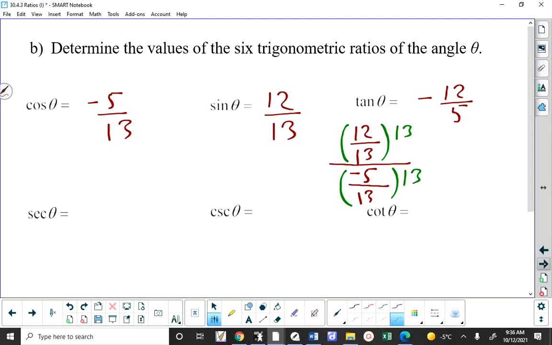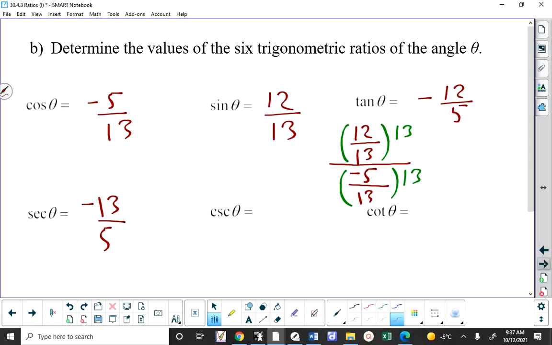The rest is even simpler. Secant? Well, secant's the reciprocal of cos. Take cosine, flip it over. And briefly, I'm sure I've mentioned this already to you. I hope you're not bothered by the fact that I put the negative with the 13 instead of with the 5. It can go wherever I want. What is the cosecant of the angle?